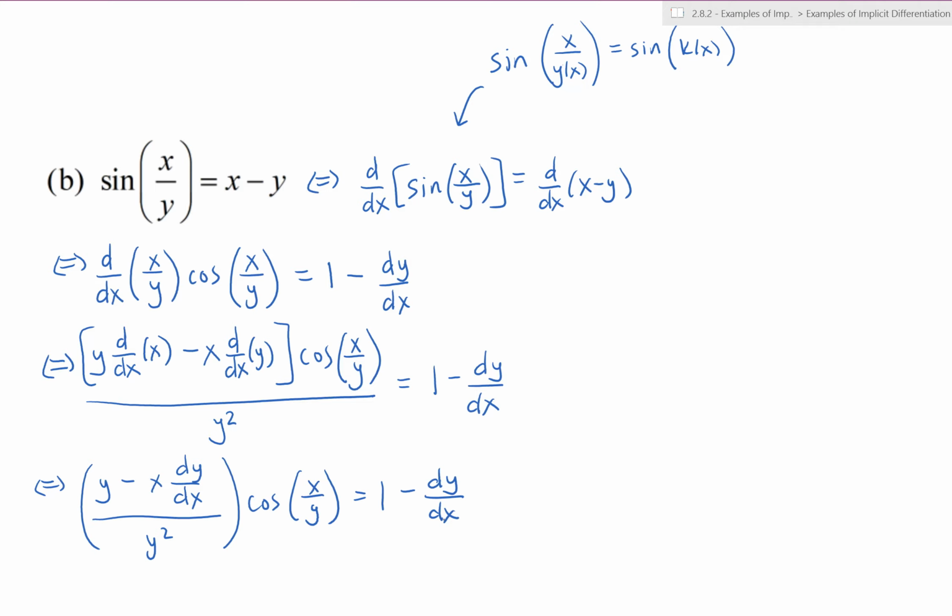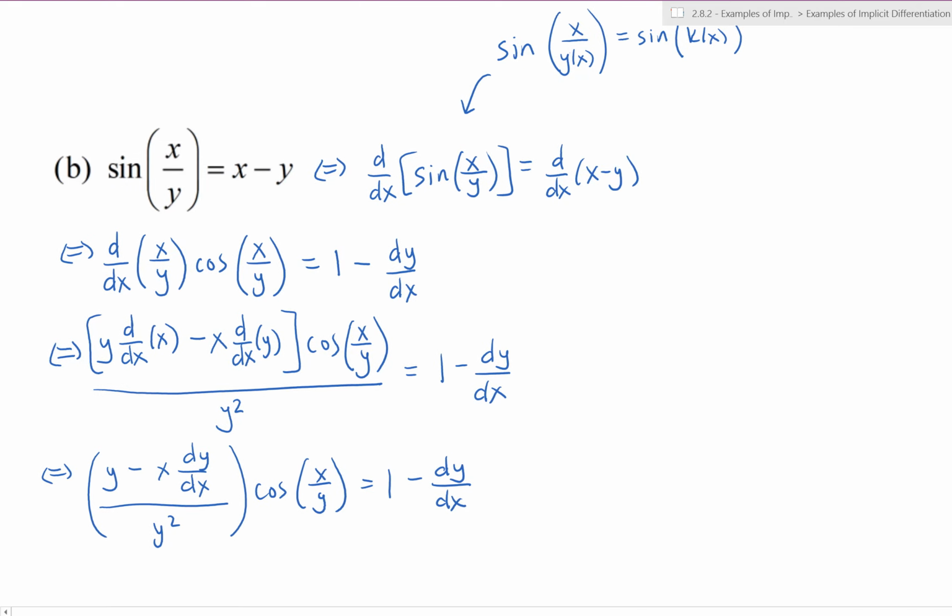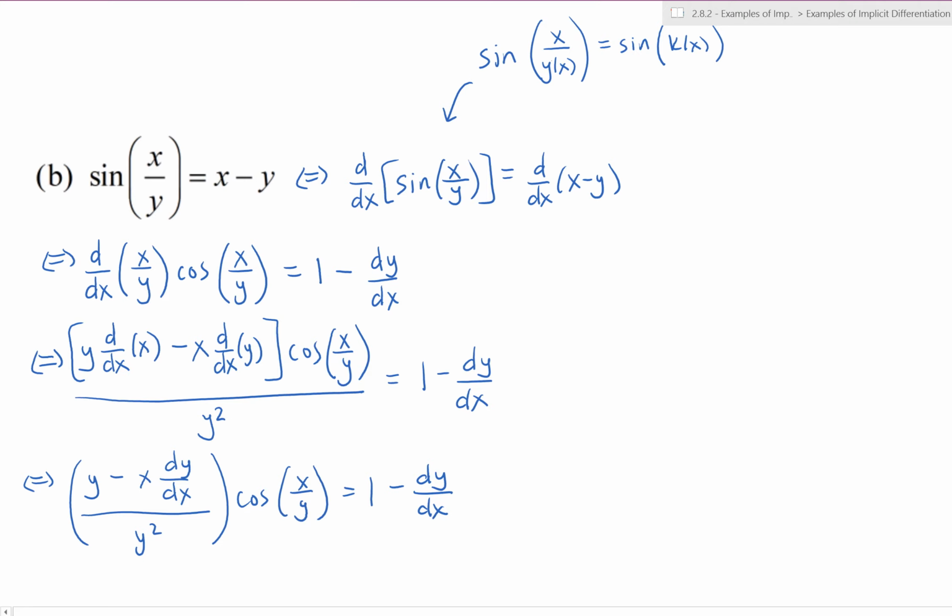Let's do that. The first thing I'll do is notice that the left-hand side has a common denominator with y in it, so I'm going to multiply both sides by y squared.